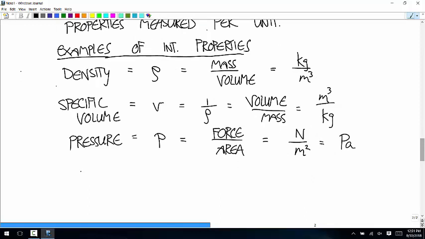And then temperature. The way we're used to thinking about temperature, it's not really a ratio, but what temperature really measures is a sort of average kinetic energy, so you can think of it as an energy per mass. We'll represent temperature as a capital T, and in SI units that's degrees Celsius or more often Kelvin.